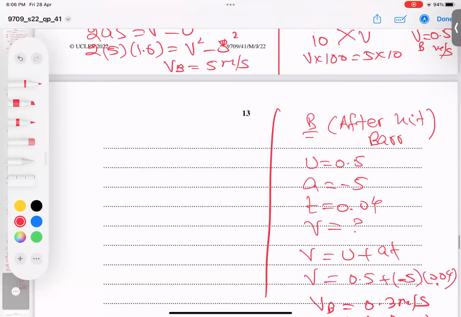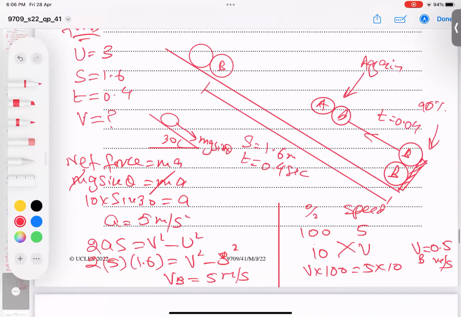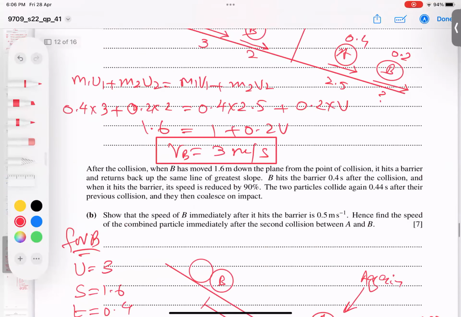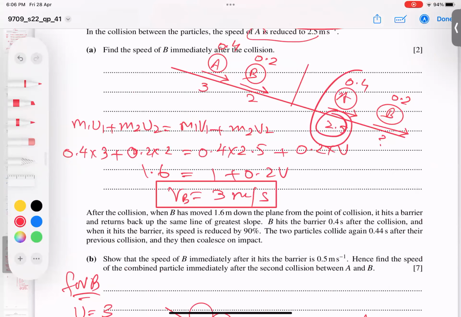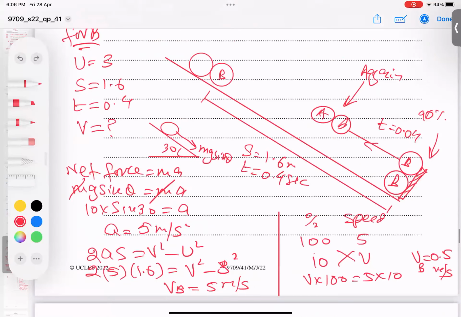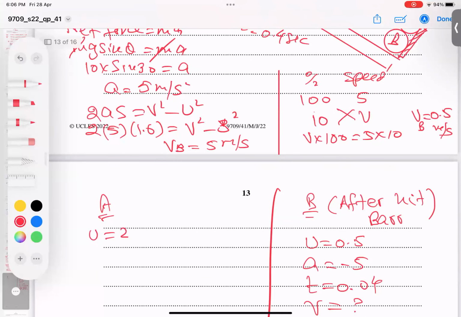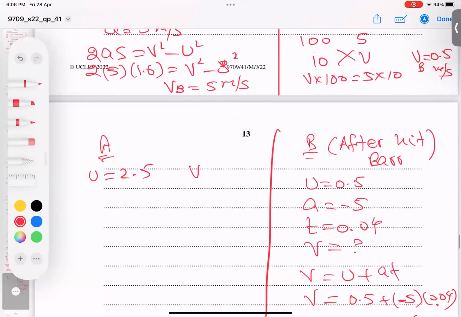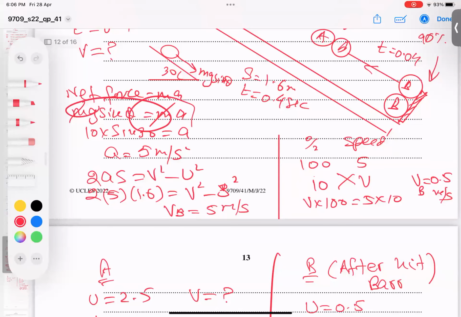Now let's talk about the A particle. A is traveling from the top, and at that time its speed was 2.5. It was traveling downwards, so U is 2.5, and I want to know what speed it will hit the other particle. It will take 0.44 seconds, and the acceleration remains the same. I said before, mass has no effect here.